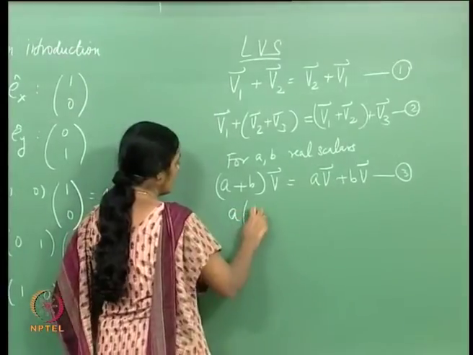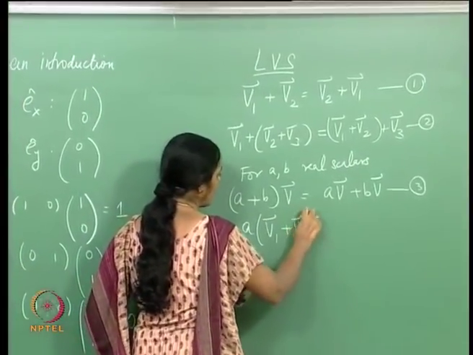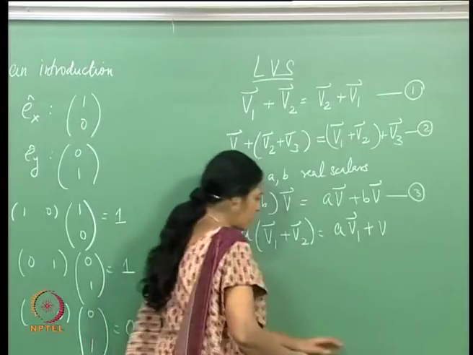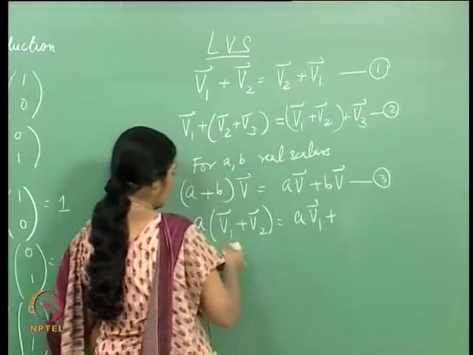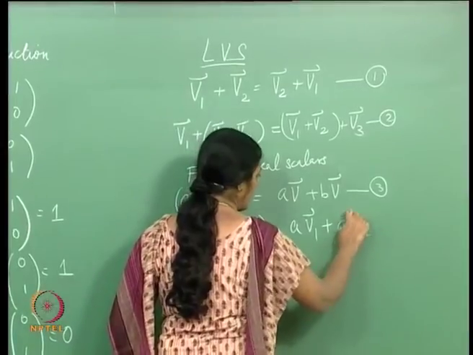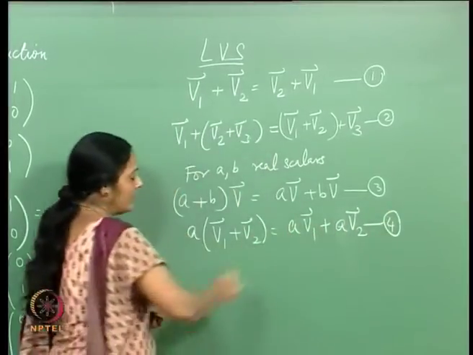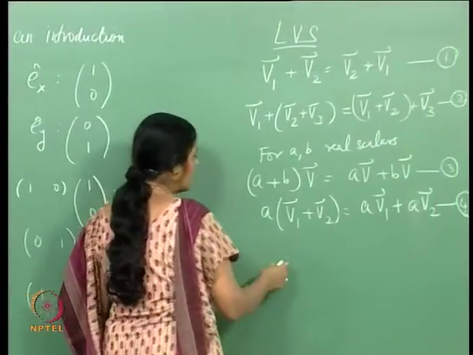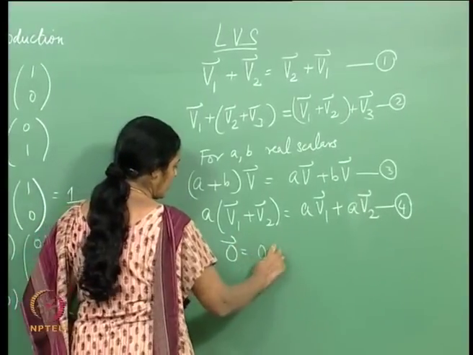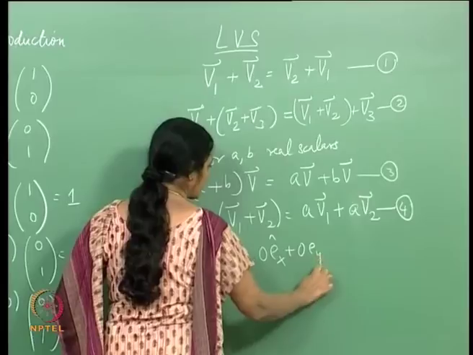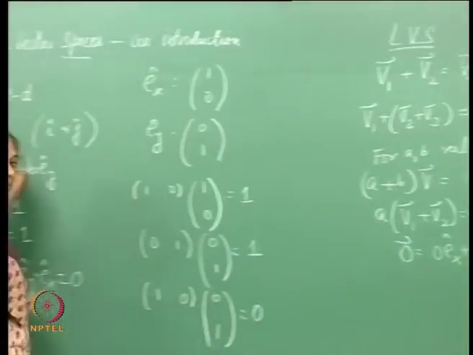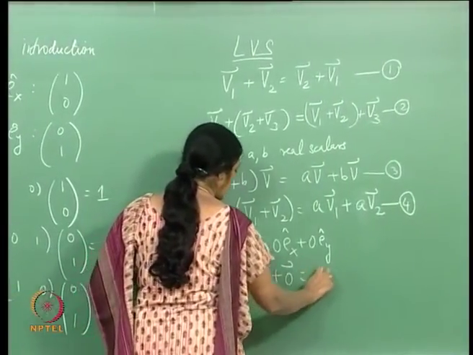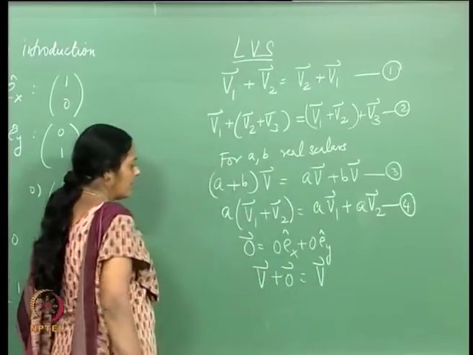And then of course, if I have two vectors v1 and v2 and I multiply the addition of the two vectors with a, that's the same as a times v1 plus a times v2. I can define a null vector. I define it as 0 Ex plus 0 Ey in this example of R2, and any vector added with the null vector gives me the same vector.